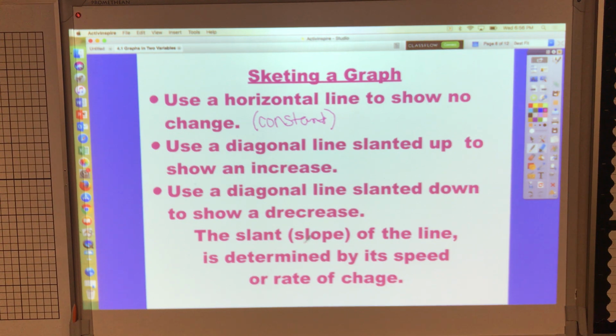And then the slant, or the slope, if you remember from last year, of that line tells you how fast it's changing. Is it changing quickly? Is it changing slowly? Is it changing gradually? Those are all words you should use when you're describing a graph and when you want to be drawing a graph. Those are key pieces of information.